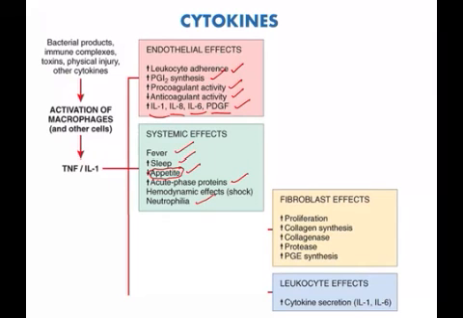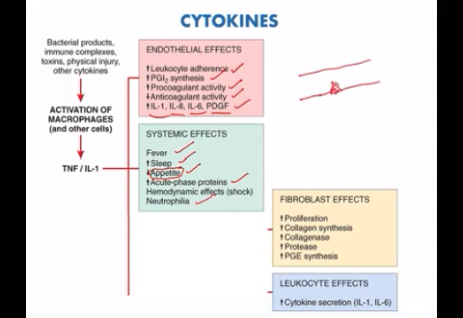And other fibroblast effects include increased proliferation of fibroblasts. So let's say there is an injury on a part of the body like this, so this injured site has to be filled with some space, right?